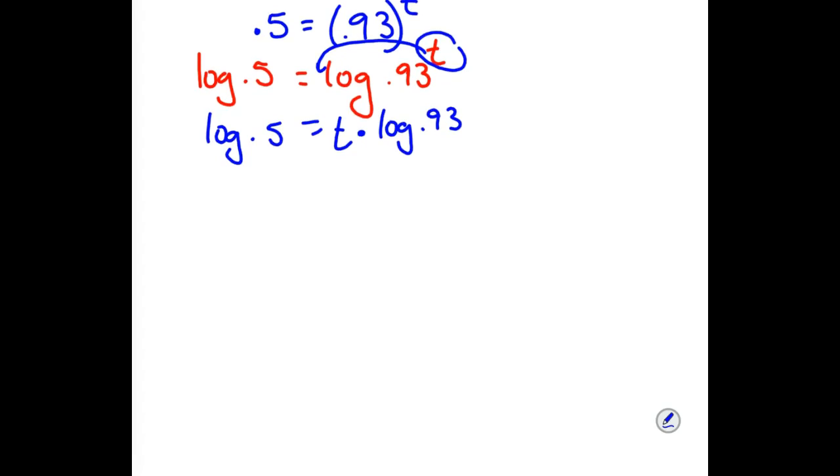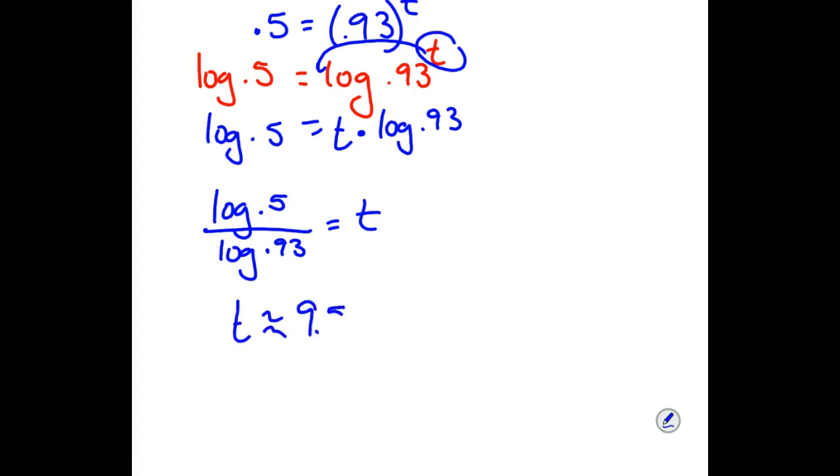Now I can divide the log of 0.93 to the other side. What do we end up with for our time? So in about 9.5 years, we'll have half of the trees remaining.